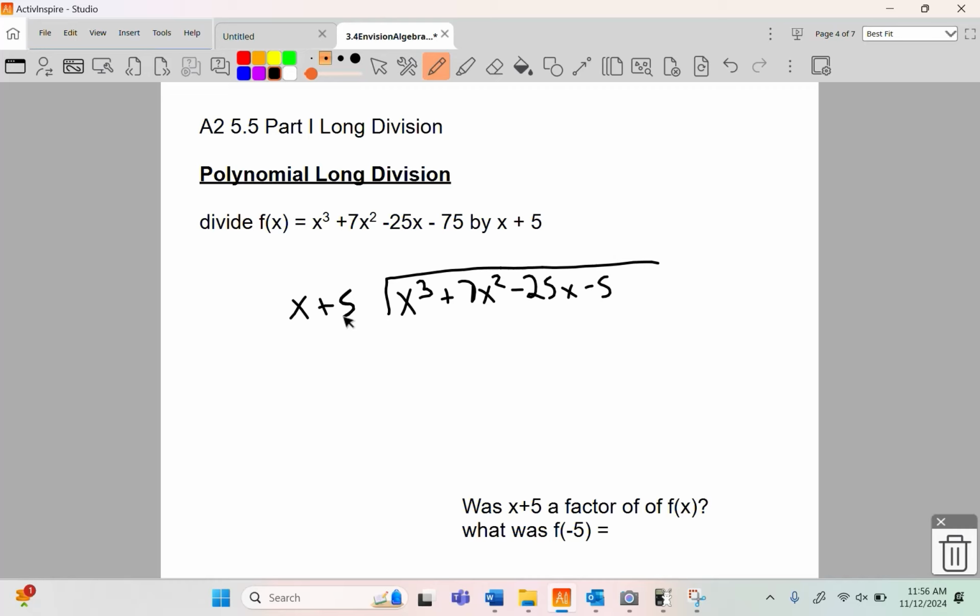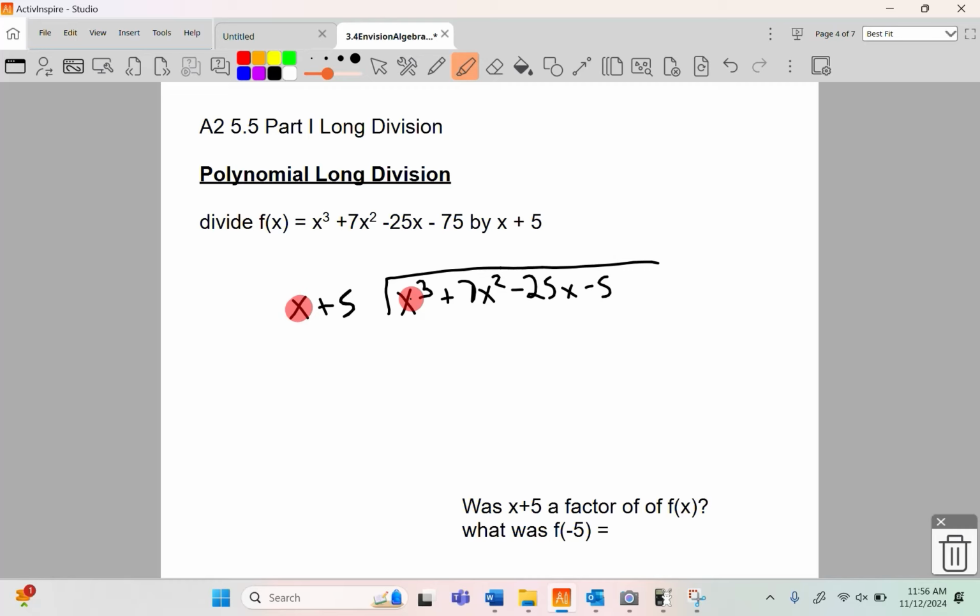Now, on the previous example, the goal was to figure out how many times a number entered another number. It's still the same. Focus on the leading piece of x plus 5, the x. That's where your focus is always at. Will x enter x cubed? Yes. How many times? What do you got, Michael? Wouldn't that 5 be the 5?